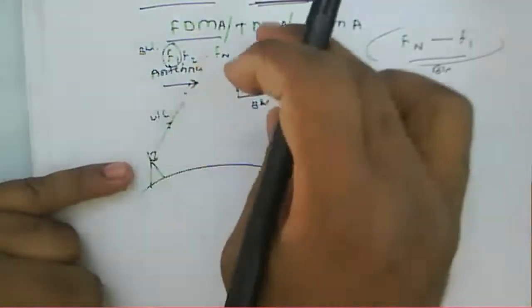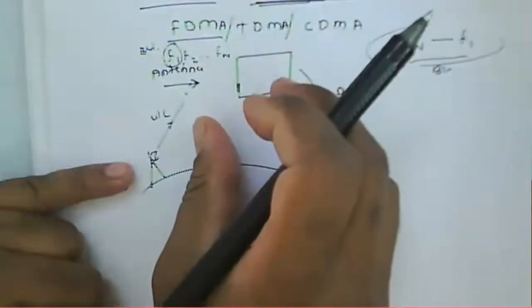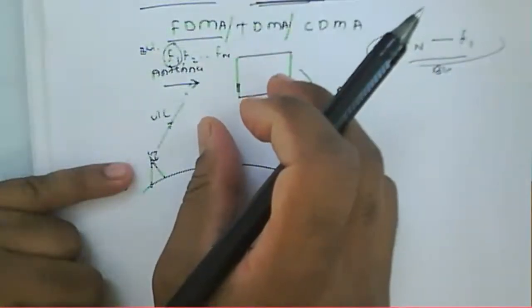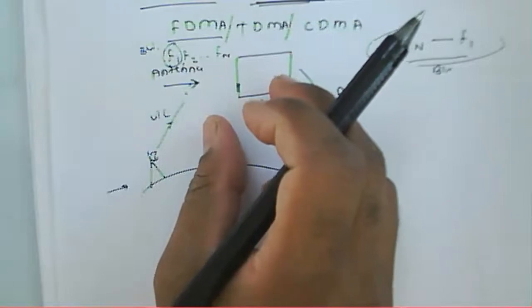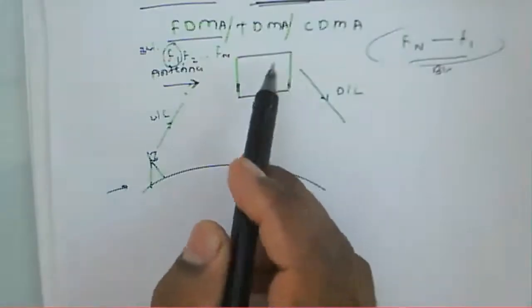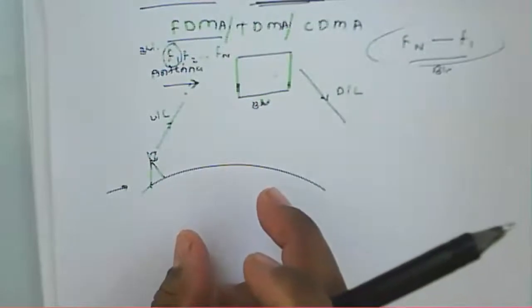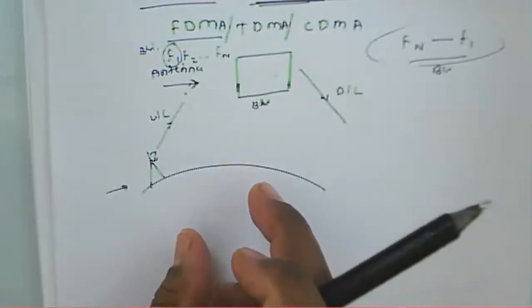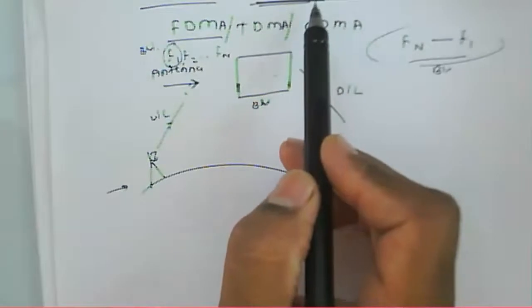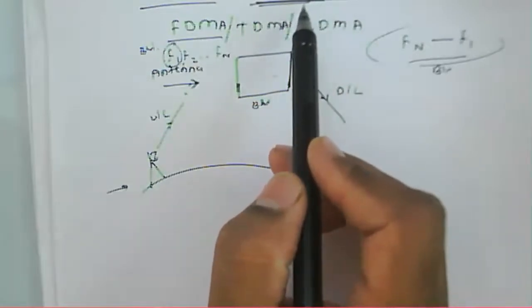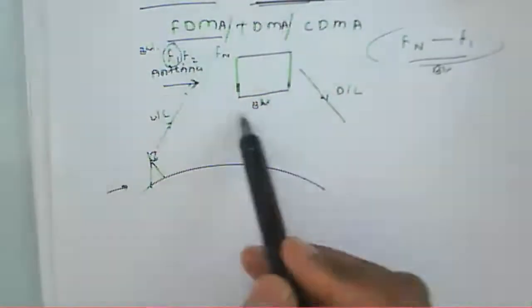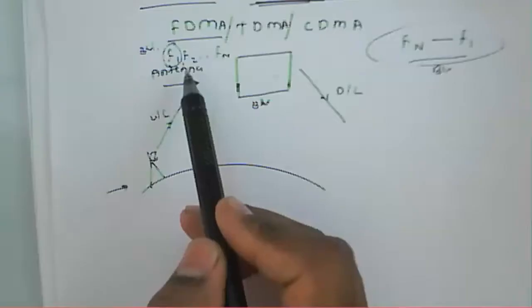Various users use and share this particular transponder. That's why a multiple access method or system is nothing but sharing of the resources.